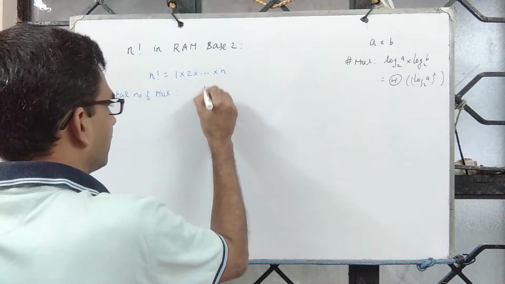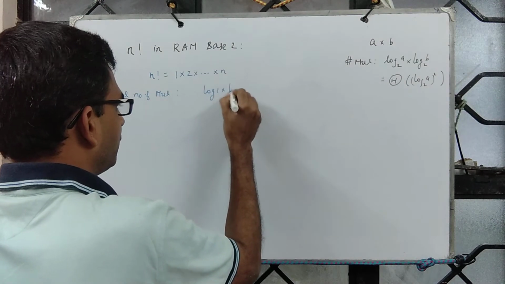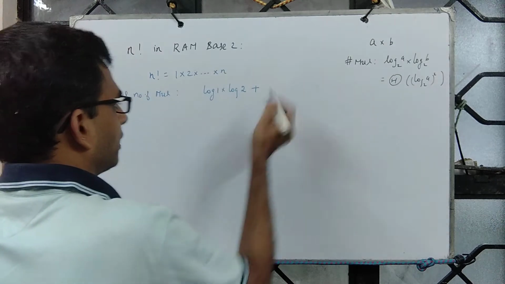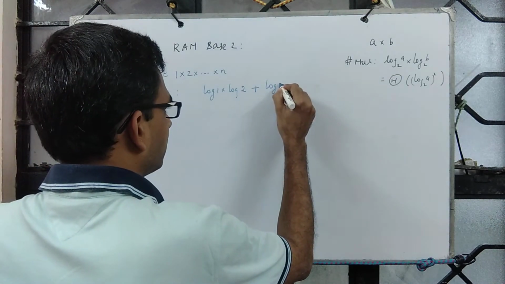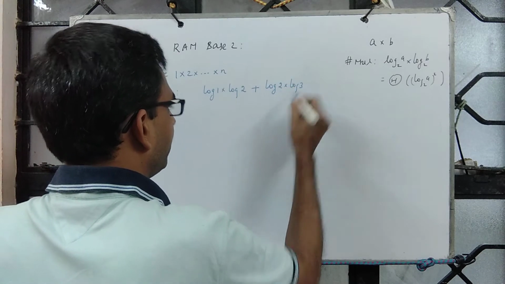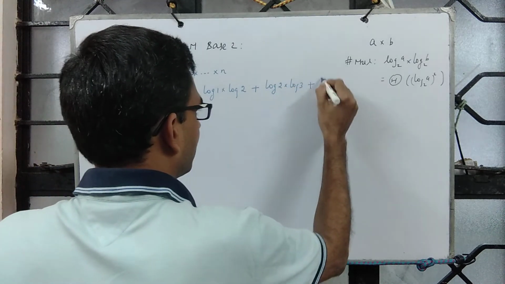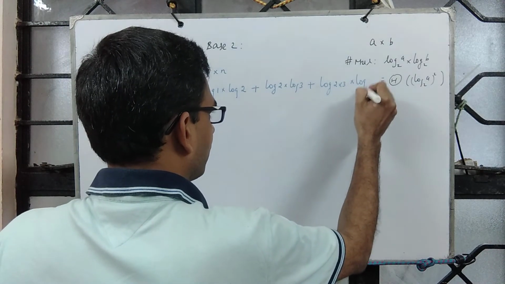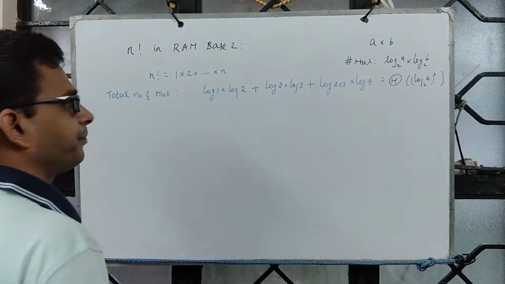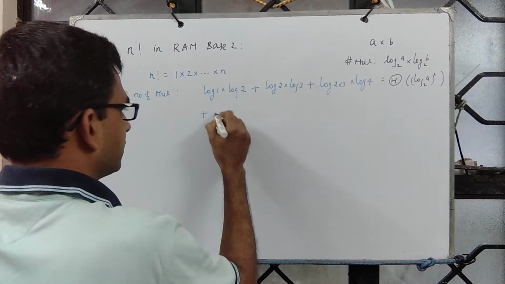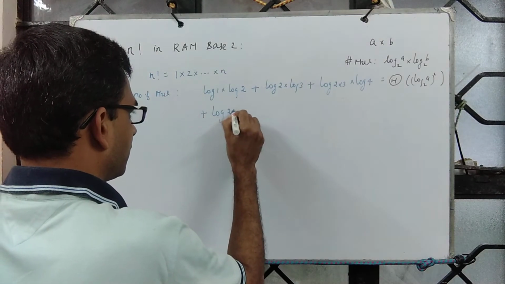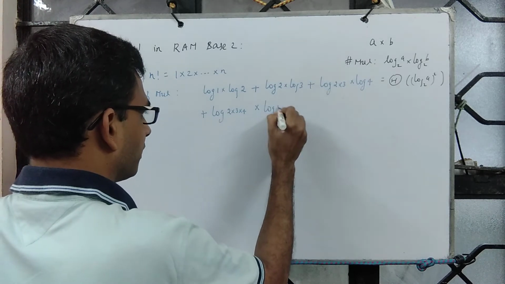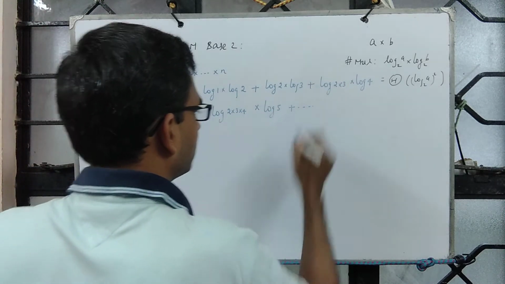So we need log 1 into log 2 multiplications, plus with that we multiply 3, which is log 2 into log 3, and the result of that is log 2 into 3. With that we multiply 4, so we need this many, and like that it goes. Then it is log of 2 into 3 into 4 into log 5, so like that it goes.